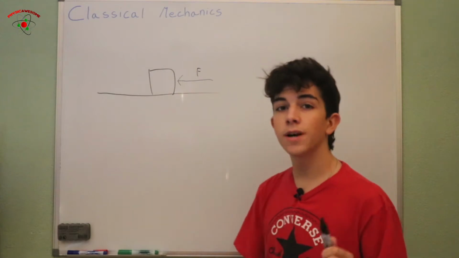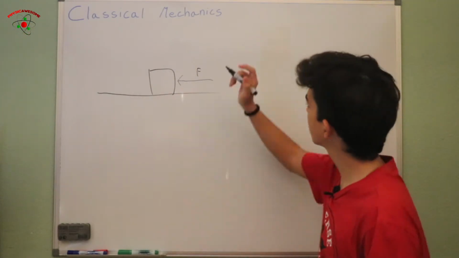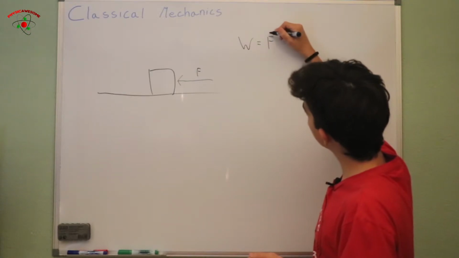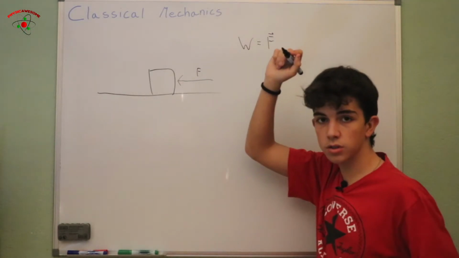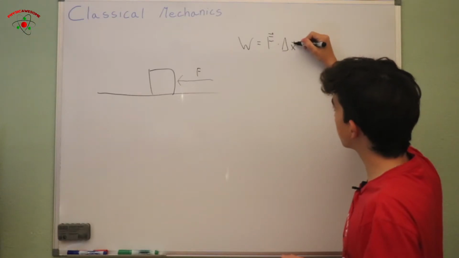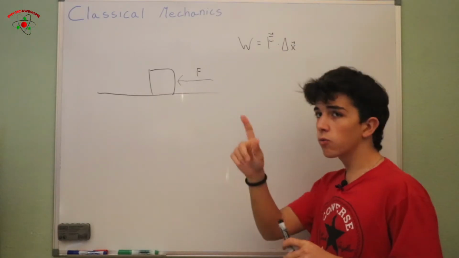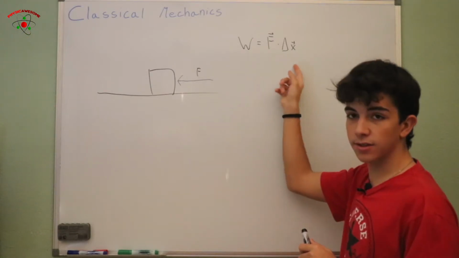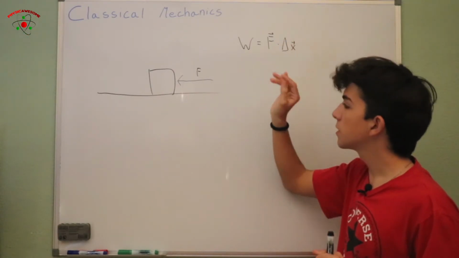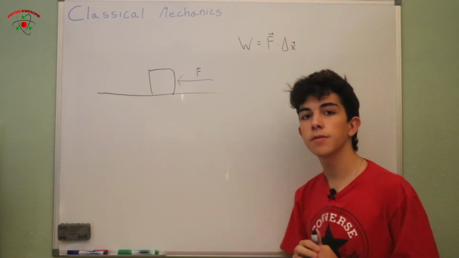Therefore, we define work as the scalar product of the force with the distance that the object moves. It is not the complete definition we're going to have, but it is kind of a primitive definition.